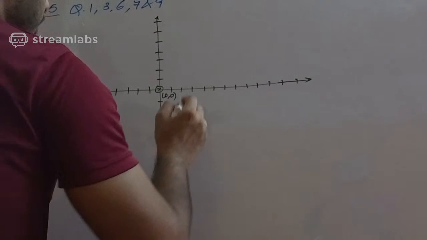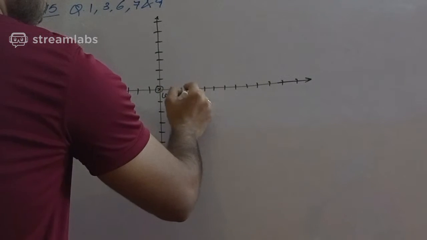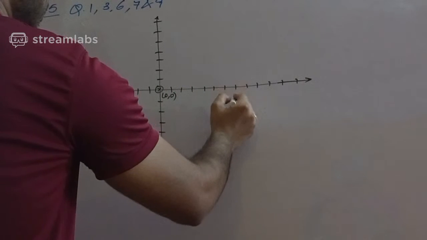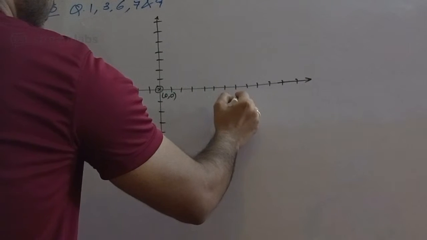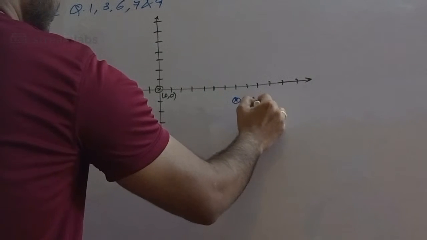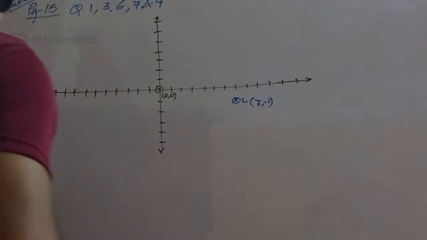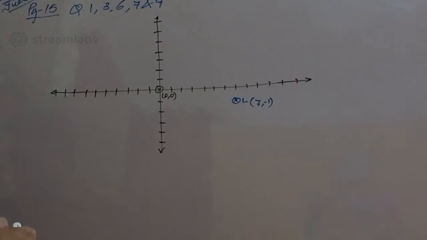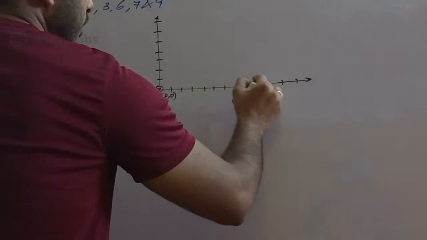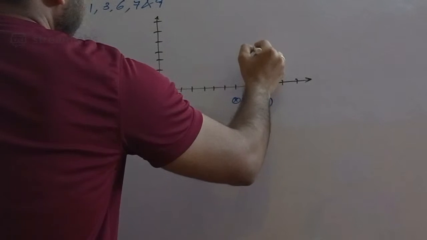Second, L is 7 comma minus 1. So point L is 7 comma minus 1, and M is 9 comma 3. So it will come here.